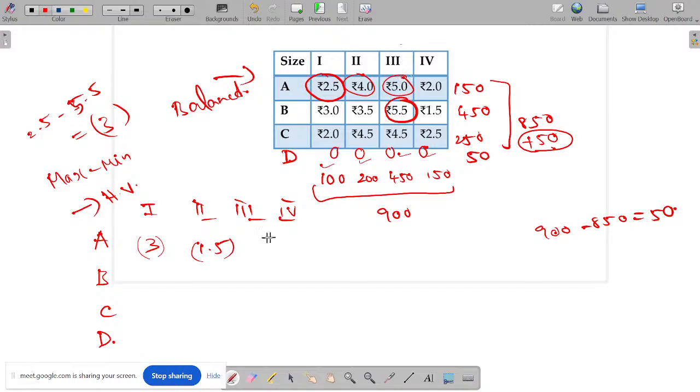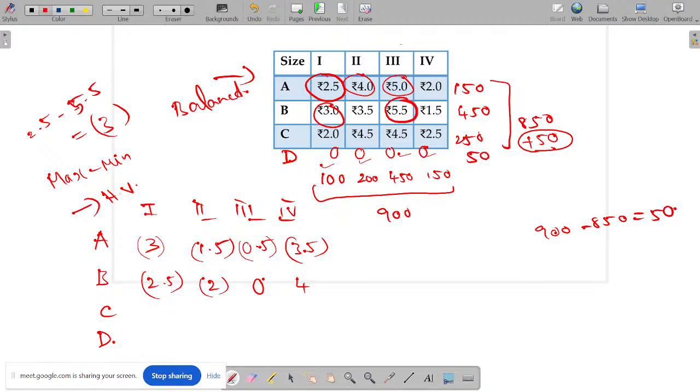Here is 5 and 5.5, so 0.5. Then 2 and 5.5, which is 3.5. Then for manufacturer B, 3 and 5.5, it is 2.5. Then 3.5 and 5.5, which is 2. Then 5.5 and 5.5, 0. Then 1.5 and 5.5, 4. Then for C, 2 and 5.5.